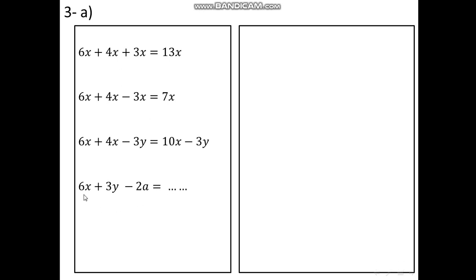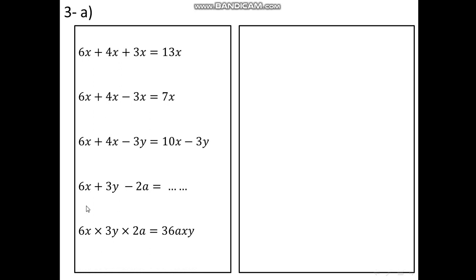Now the fourth one: 6x plus 3y minus 2a. All the terms are not equal. This is x, this is y, and this is a. You can do nothing. It has nothing to do with addition or subtraction, because the terms are not equal. You leave it like that. I gave this extra to compare.